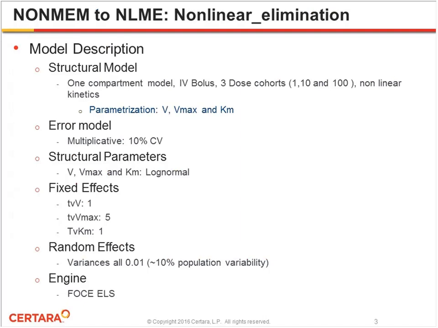And as I mentioned, we have nonlinear kinetics with regards to the elimination. With the parametrization, we have 3 structural parameters: V, the volume of distribution; Vmax, the maximum elimination rate; and Km, the half saturation rate constant.